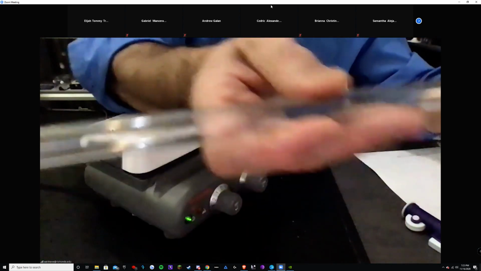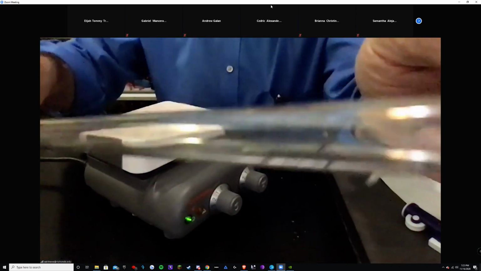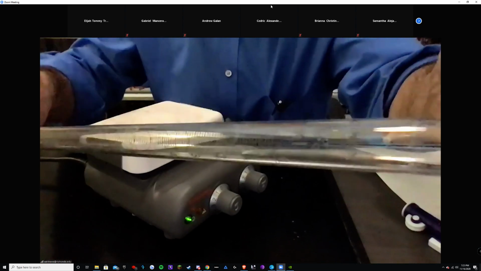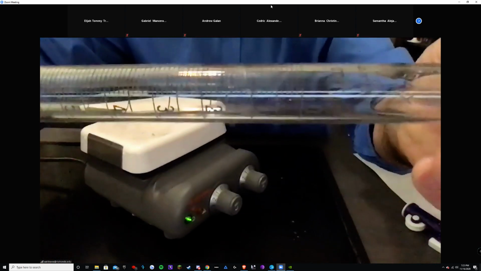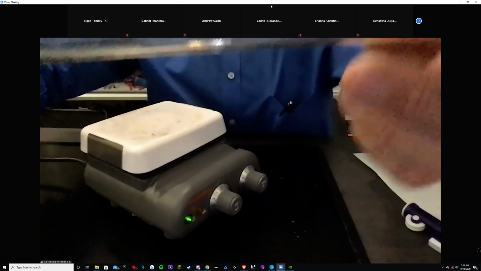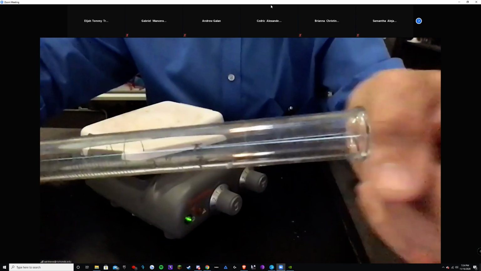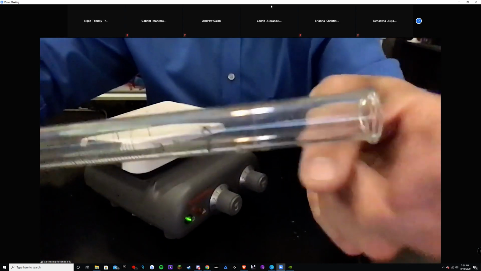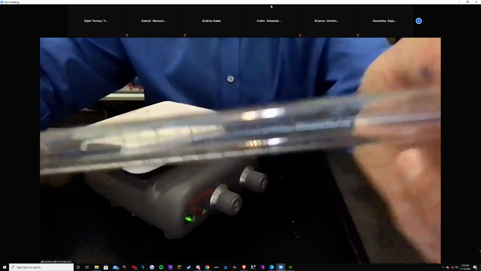Can you see the reading on the side? Can you see the reading? Do they look clear to you? What sort of numbers? Can you see those numbers?